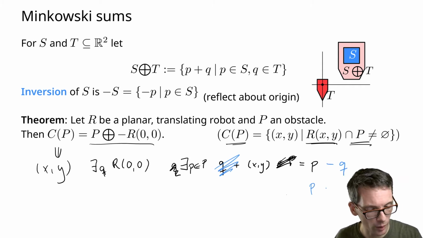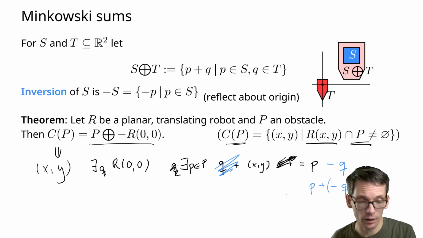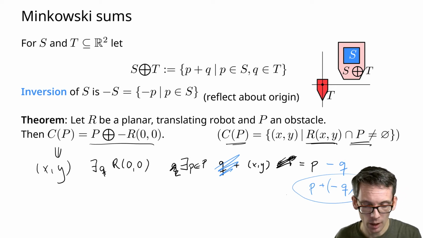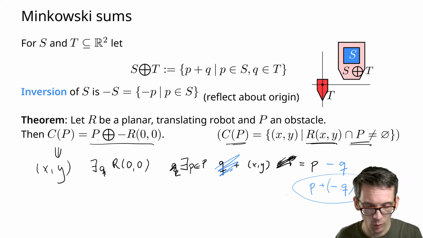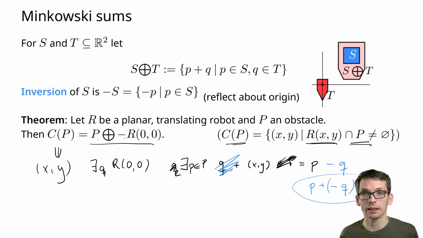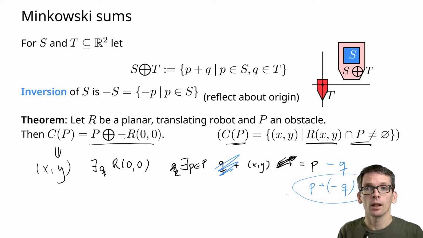I can also write it in the following way, p plus minus q. So now I have xy is in the forbidden space exactly if xy has this form, meaning it is a p in P, and this minus q is in minus R_0,0. And that's it.